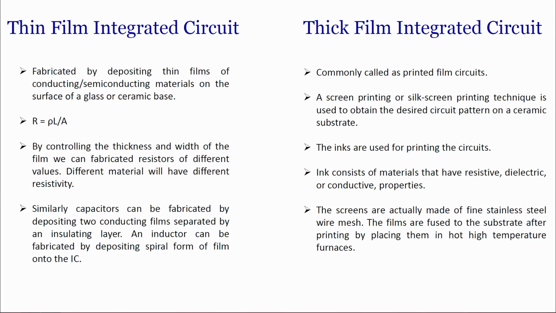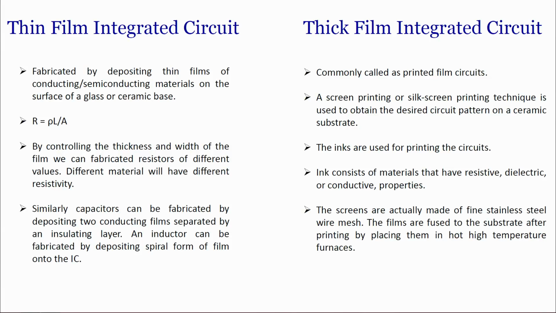Then what is the difference between thin and thick film technology? Thin film technology, using that we can deposit conducting or semiconducting materials on a surface of a glass, ceramic base, or an oxidized silicon.